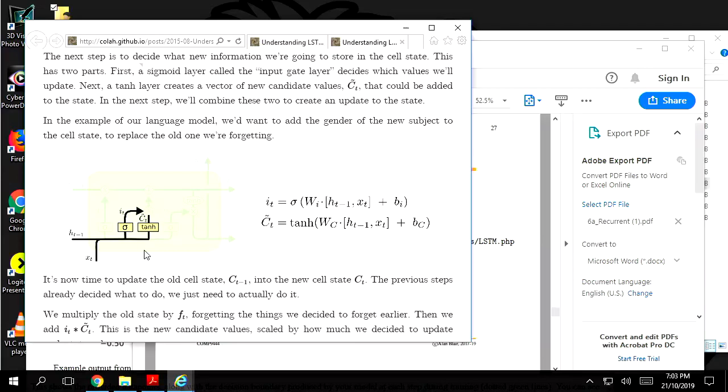This little piece is doing the same job that the recurrent neural network would have done. It's computing a new context value, but then this gate tells you how much of that new value to incorporate into the old value, because that's going to get added. So you've got the old context coming in, you've forgotten part of it, and then you add in a new part.